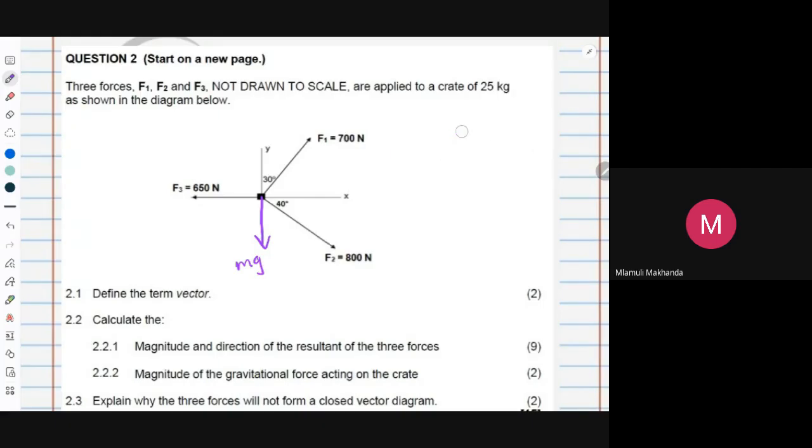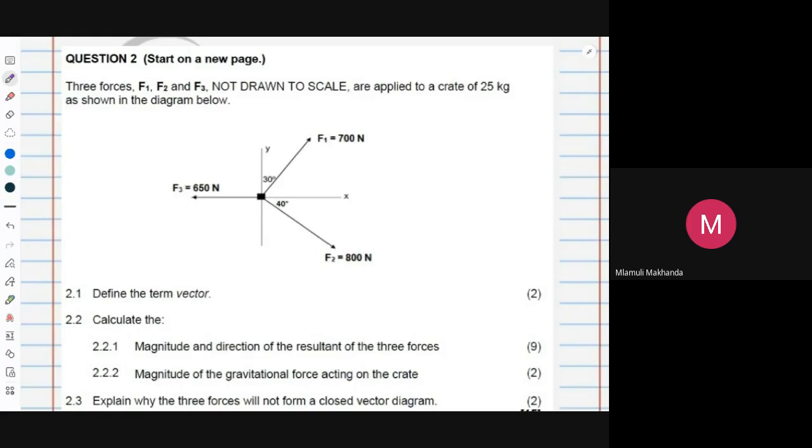The reason you're not seeing this is because this is a top view. That black box at the center is the crate. So you're looking at it from the top, and you won't see the weight of the crate on the free body diagram. All these forces are coplanar, which means they exist in the same plane.